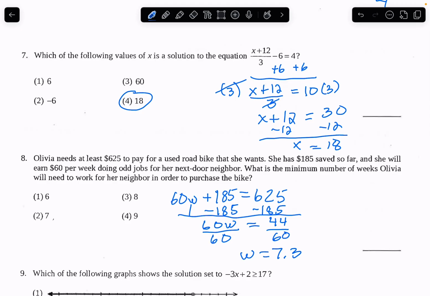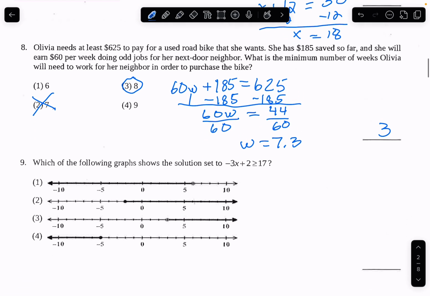So at 7 weeks, she won't have enough. She'll be short of the $625. She has to really go to the 8th week before she'll have enough. She'll have a little left over also, but that's when she'll have enough to buy the bike.